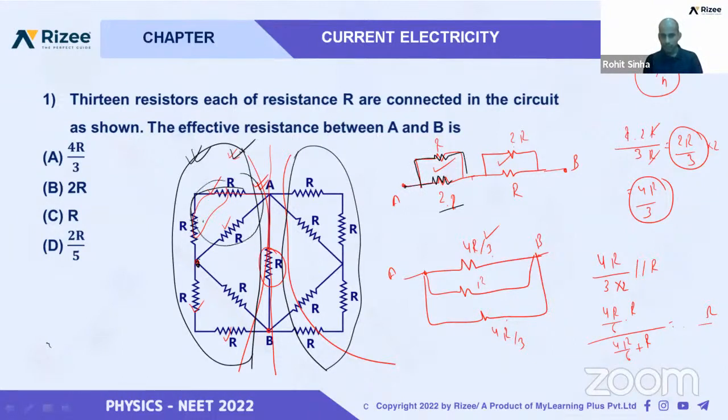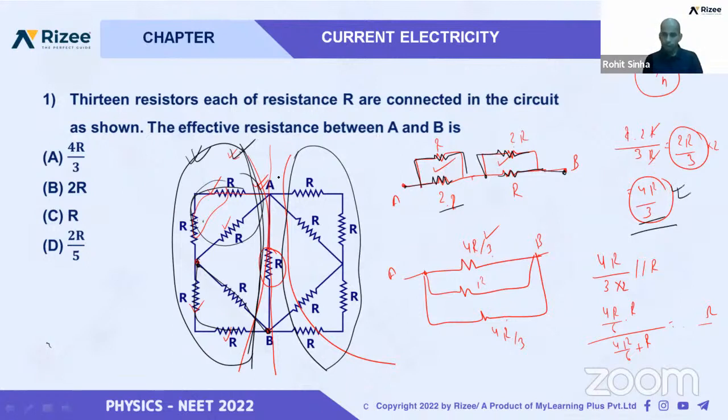Now from here, 2R and 1R in parallel, and we reached point B. This is the equivalent of the left part or the right part, one of the parts. We solved it and got 4R by 3. If all things are correct, then we will get 4R by 3.